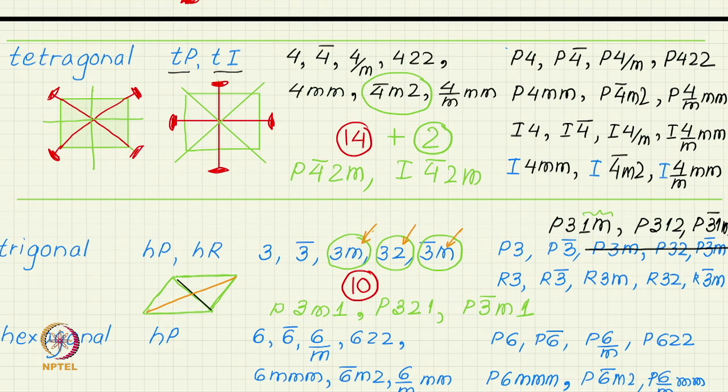So, this issue does not come with the rhombohedral case, because there the mirrors and the two-folds can be placed only in a unique way. This freedom is not there to place them either along one direction or the other direction. So, you get here 3 new space groups.